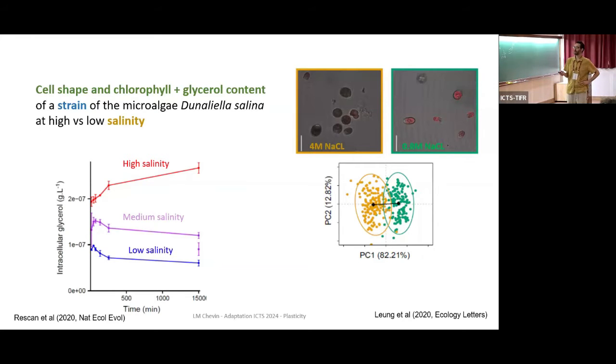We've also looked a little bit at this trait that's very well studied in this species, where depending on the salinity they're in, they will have different glycerol content, and glycerol helps them to osmoregulate in the face of very high salinity, which is something that can dehydrate. So this is a model species actually for salinity tolerance and for dehydration in general.